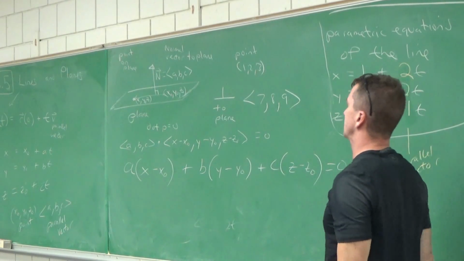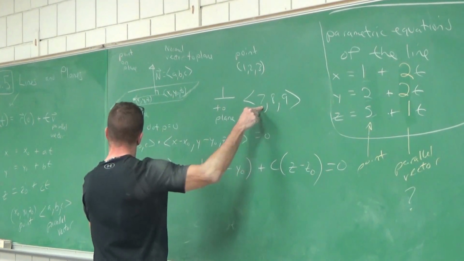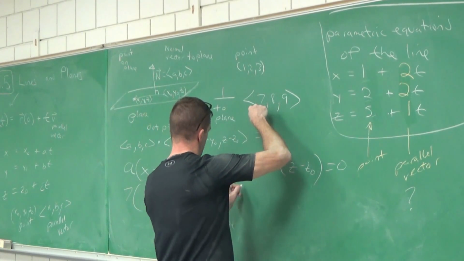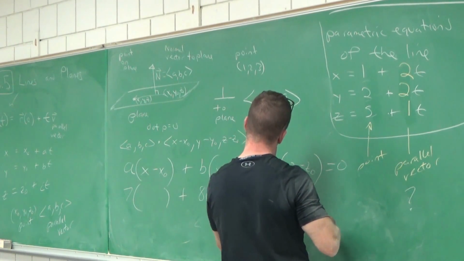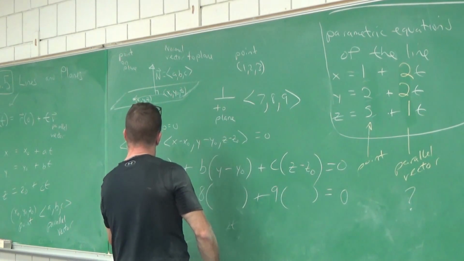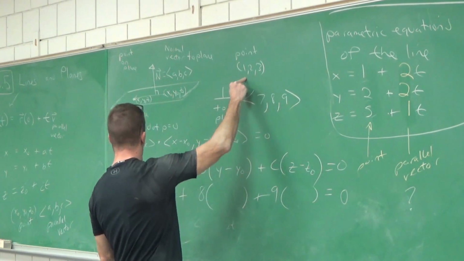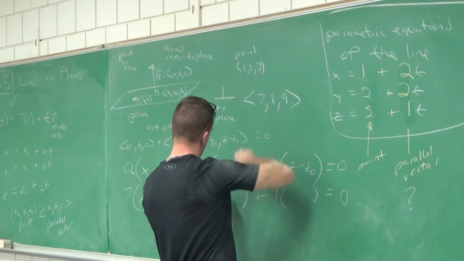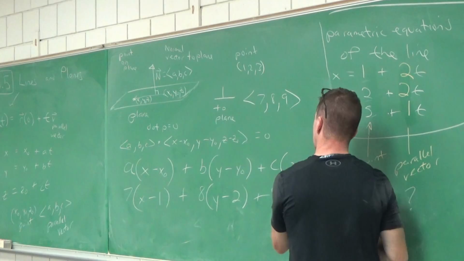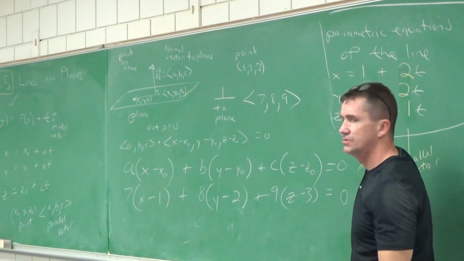Can you come up with the equation of the plane? This will be 7, 8, 9, x minus the 1, y minus the 2, z minus the 3. Done.